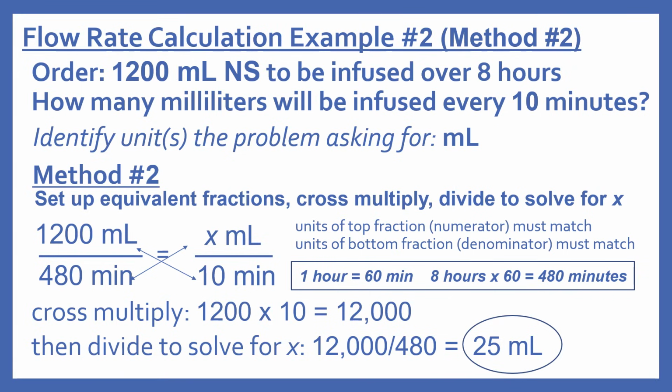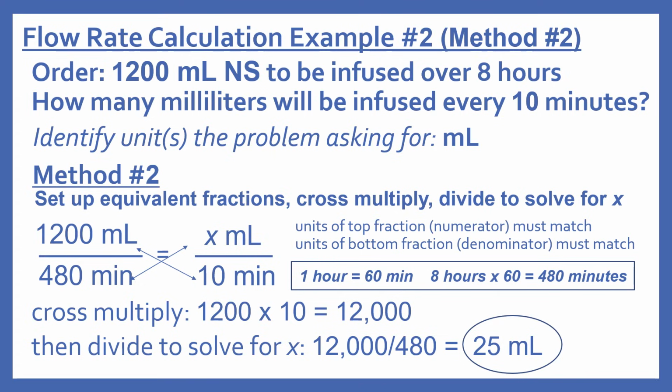So we know 1200 milliliters, and we're going to set that over 480 minutes. And in the rectangular box here, I have how I converted the 8 hours into 480 minutes. So 1 hour equals 60 minutes, and then there are 8 hours here, so 8 hours times 60 equals 480 minutes.